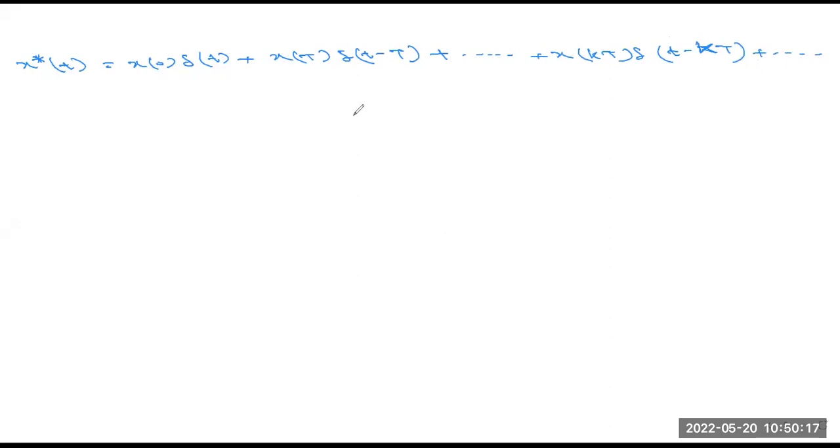Using these equations, we have to consider the Laplace transform. So what happens? Next, consider the Laplace transform of the previous equation.